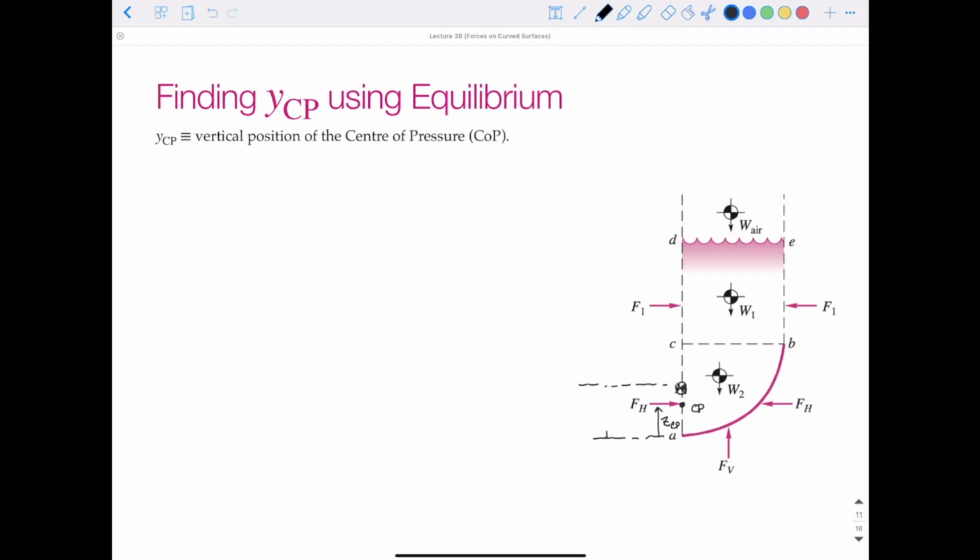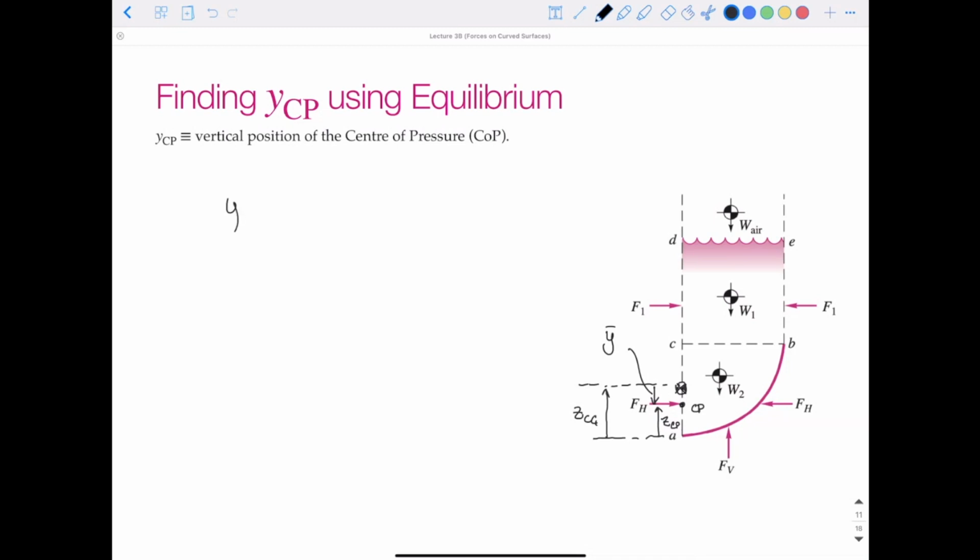Extend this out. This distance here is going to be our Z for our center of gravity, the distance from the bottom of our shape to our center of gravity. And then same as before, this distance here downwards is going to be our Y bar. That is the distance from our center of gravity to our center of pressure of that horizontal projection of the area.